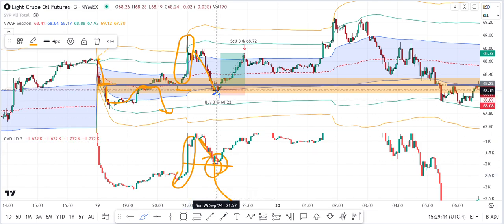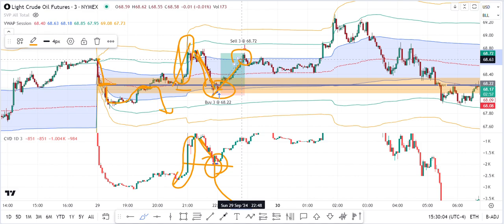So I took a long here because I understood there were a lot of buyers here, and this whole move down, the sellers were running out of steam. Took a buy inside here, kept it all the way till we reached the edge of the value area.